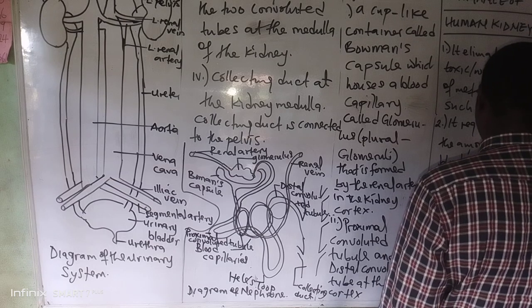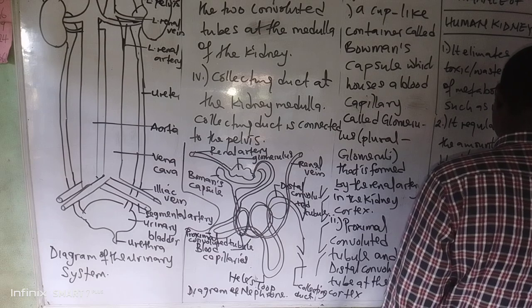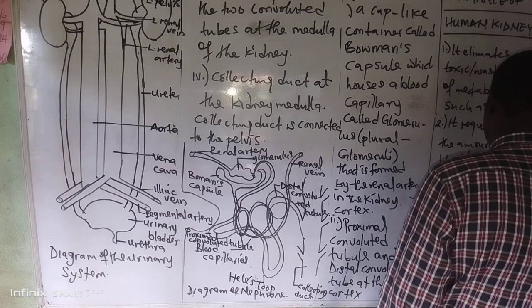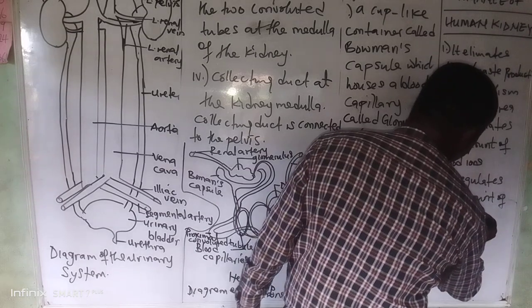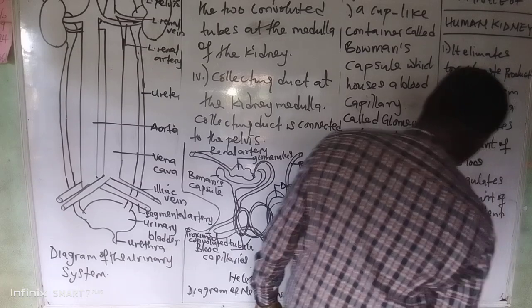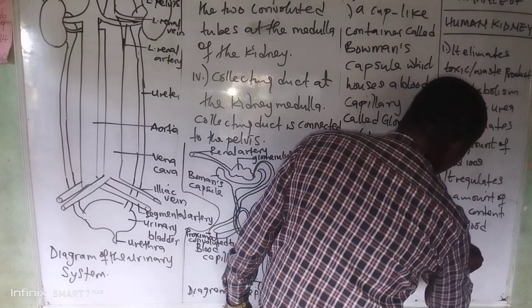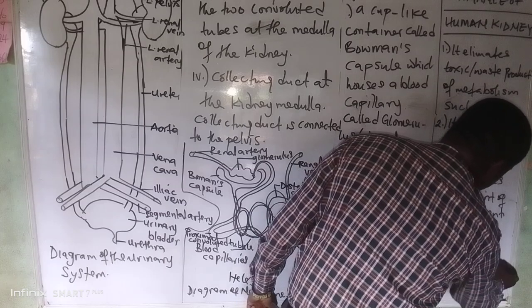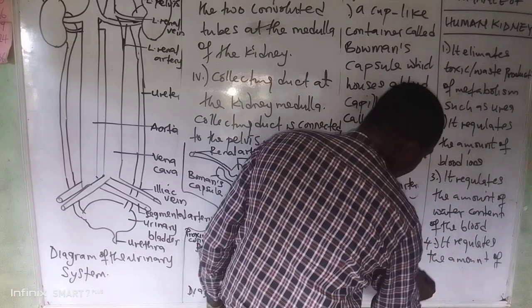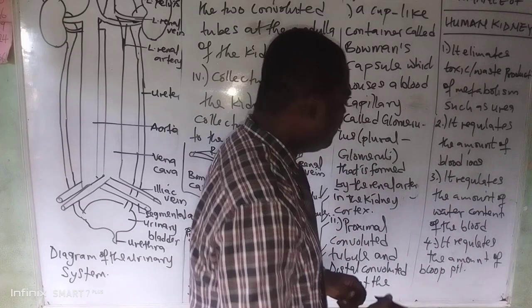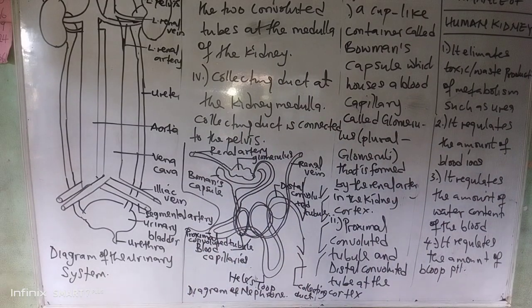Then number three, it regulates the water balance, the water content of the blood. Take note of that too. Then lastly, it regulates the blood pH. So these are the four major importance of the kidney, the osmoregulatory importance of the kidney.